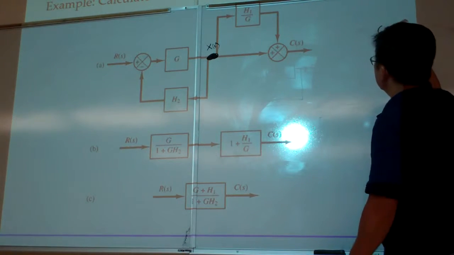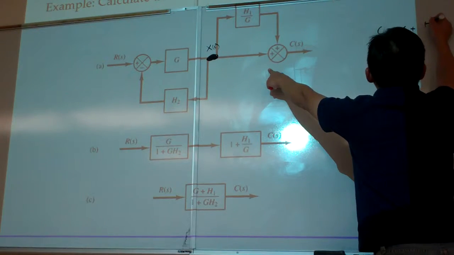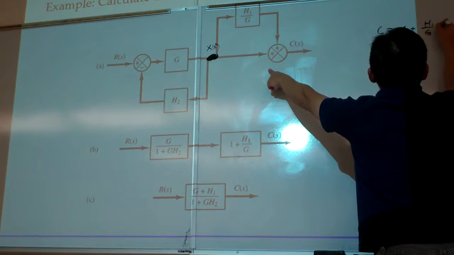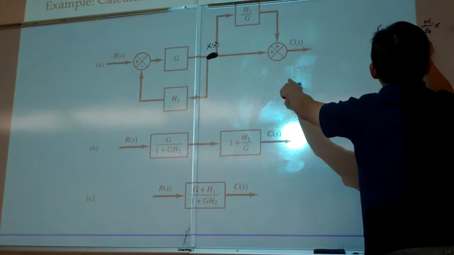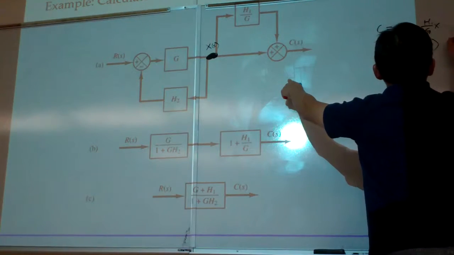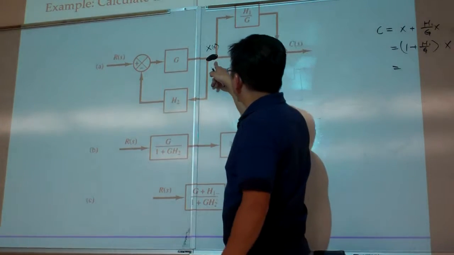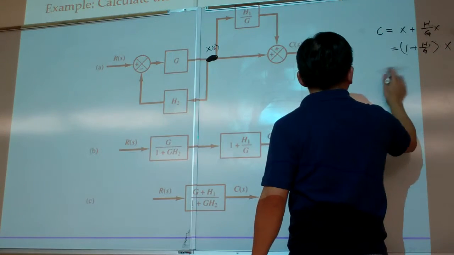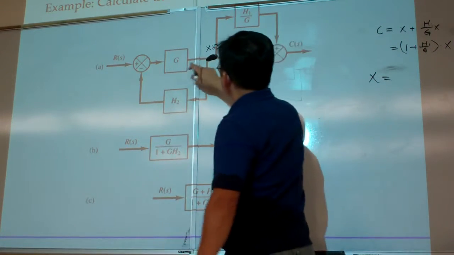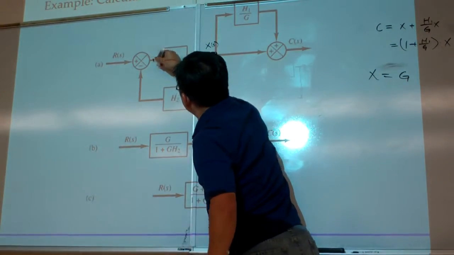So from here, C equals x plus (H1/G) times x. So let me rearrange: (1 plus H1 over G) times x. Okay. And then what is x? x equals G times this one.